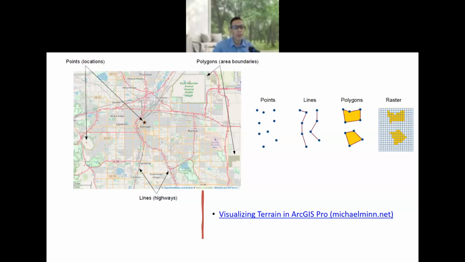So we have points, lines, polygons, and we also have raster. For raster, if you look at the map there, it can be the vegetation index, the elevation, the density of rain, or the distribution of PM10 or PM2.5. Those are raster data.